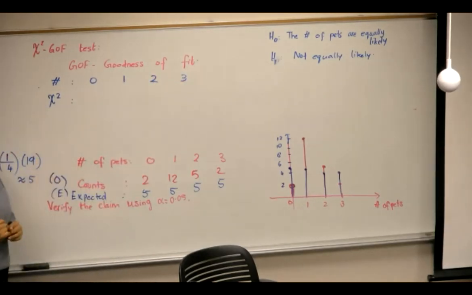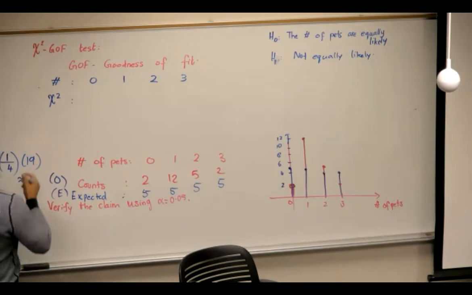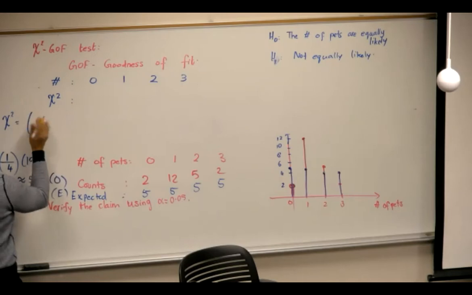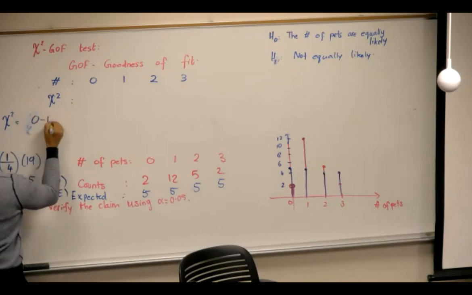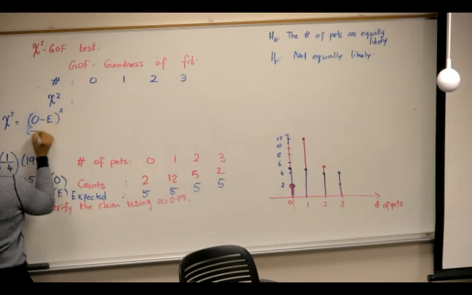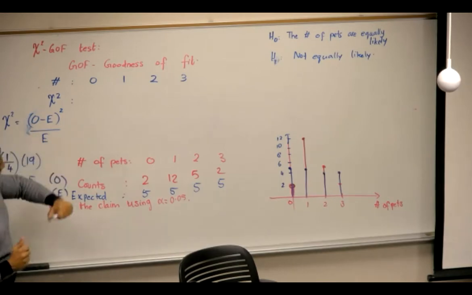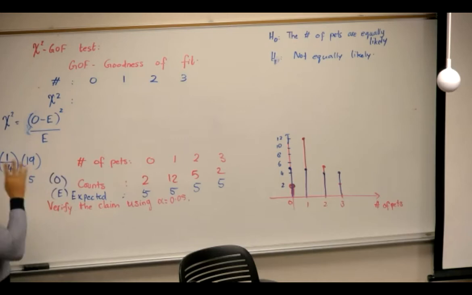How do we find the chi-squareds? From last time, chi-squared for a single case is simply (O minus E) squared divided by E. Same formula here. Let's plug in O and E and find chi-squared, and the sum of all the chi-squareds would be our test statistic.